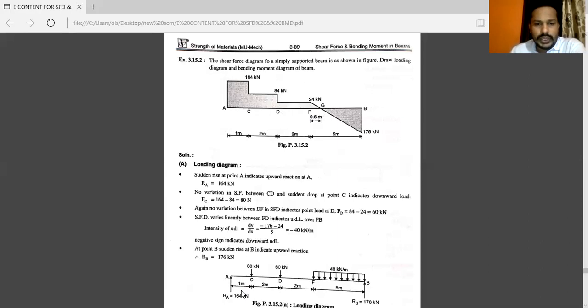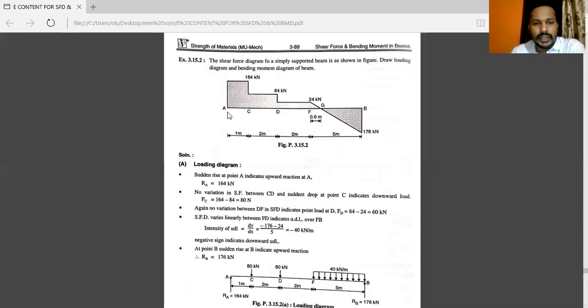Once you get the loading diagram, you can draw the bending moment diagram. In this video, I will not explain the bending moment diagram because we already completed that part in the previous videos. Now the important thing is how we can convert SFD into loading.